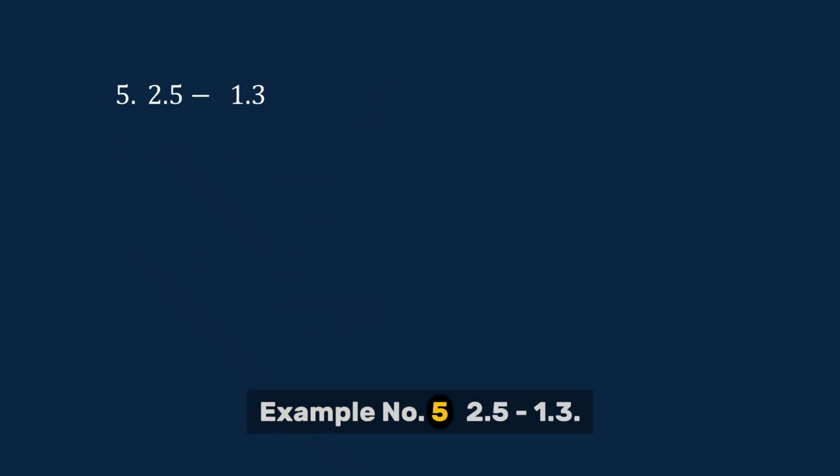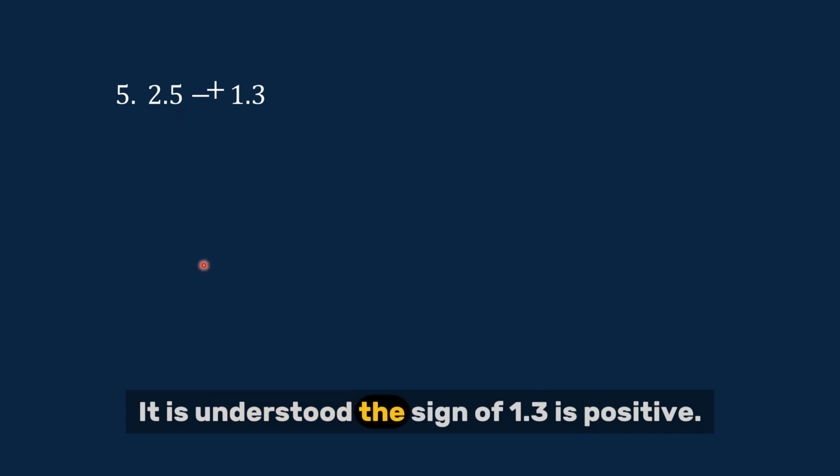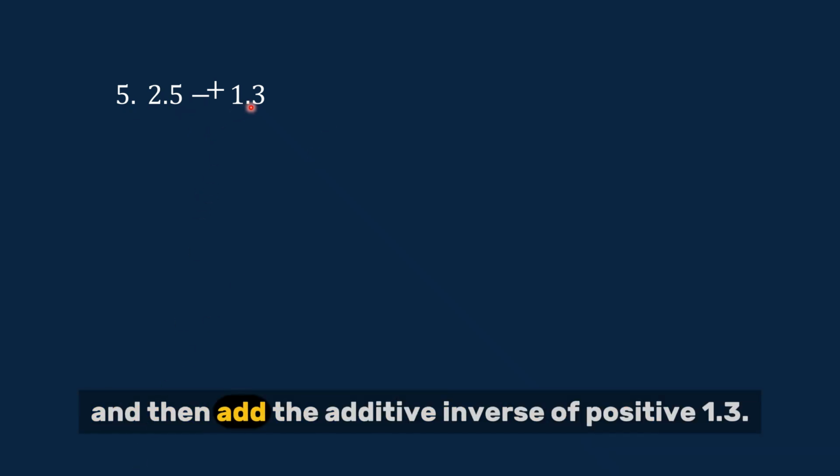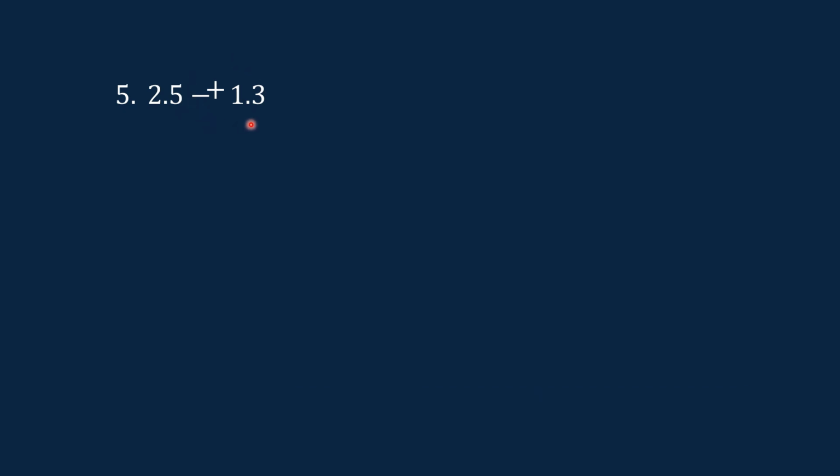Example number 5. 2.5 minus 1.3. It is understood the sign of 1.3 is positive. We are going to change this subtraction operation to addition and then add the additive inverse of positive 1.3.